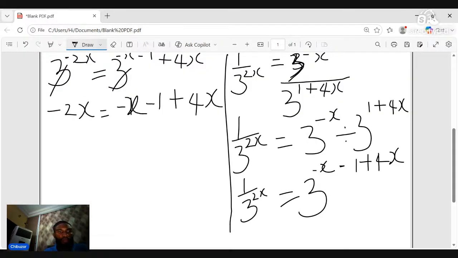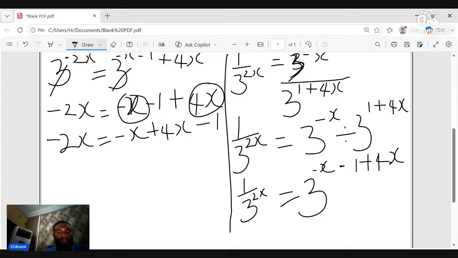We collect like terms. We say minus 2x is equal to minus x plus 4x minus 1. Collect like terms, x and x come together. You have this.